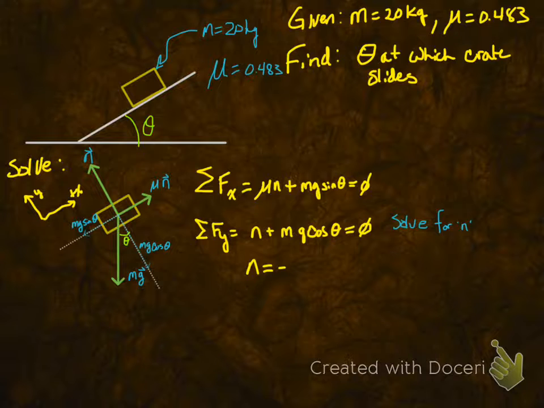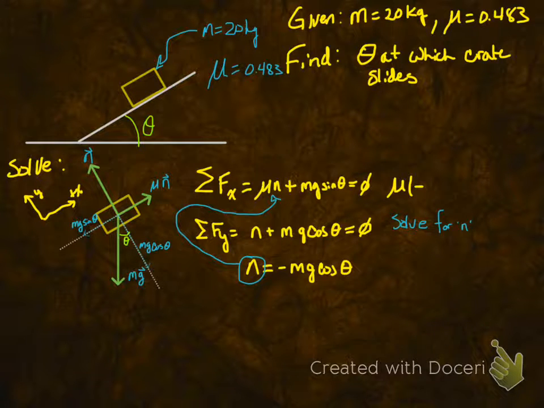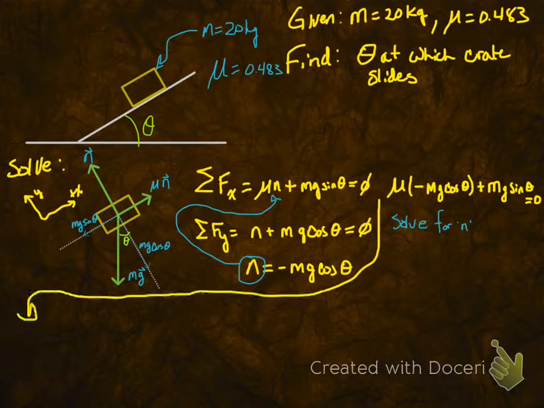So we're going to solve for n from the y equation, so we can plug it into the other equation to solve for our theta. So n equals negative mg cosine theta. That n gets plugged in up there. So it's mu times negative mg cosine theta plus mg sine theta, and all of that equals 0.